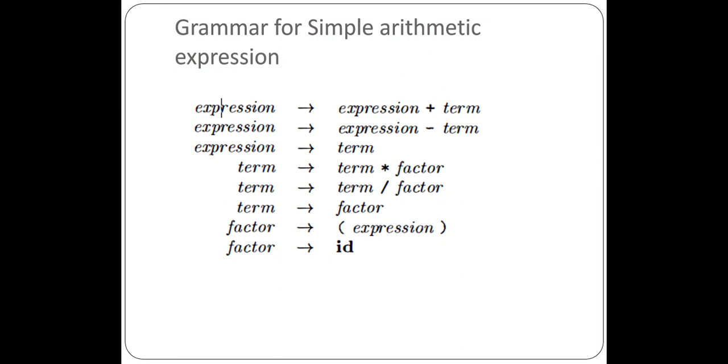So the convention is like this: start symbol, non-terminal, non-terminal to some other non-terminal, and non-terminal finally to a terminal. This is the conversion process that we have here in context-free grammars.